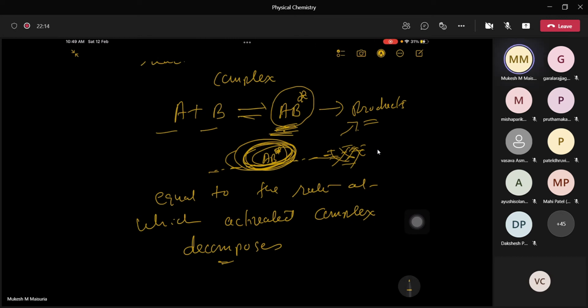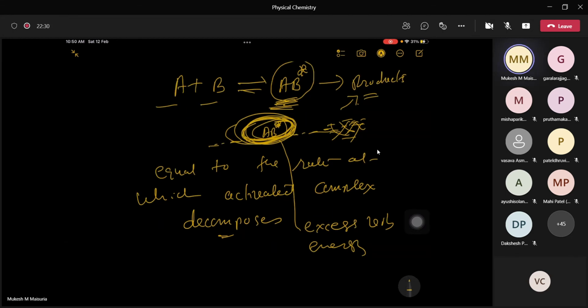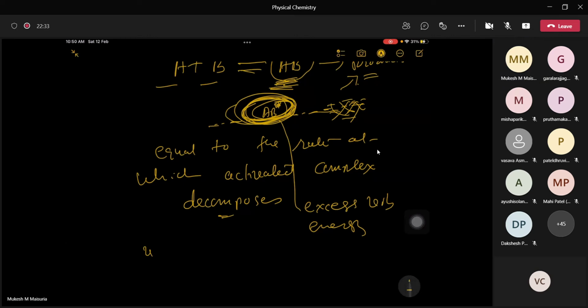The activated complex has vibrational energy, right? And the excess vibrational energy is used to break the bond, and then it forms the product.